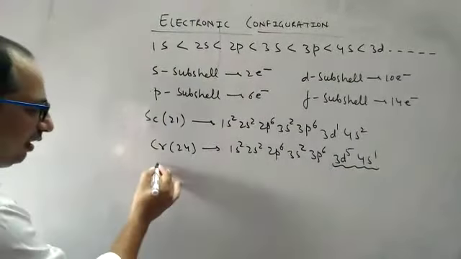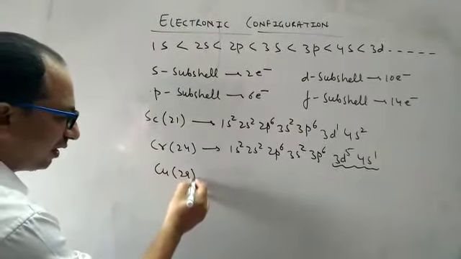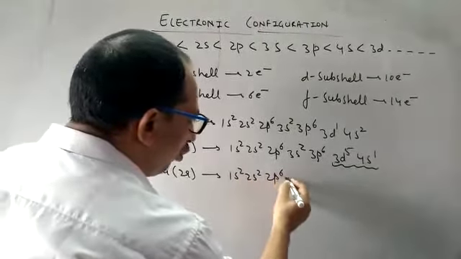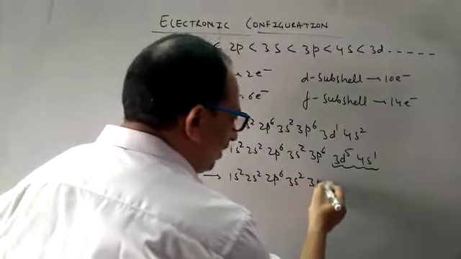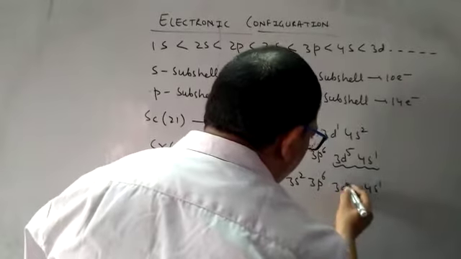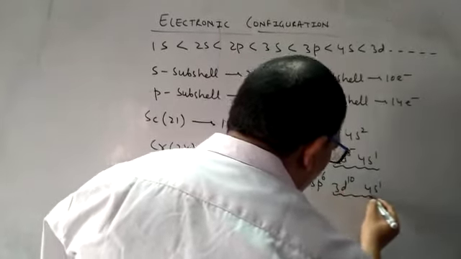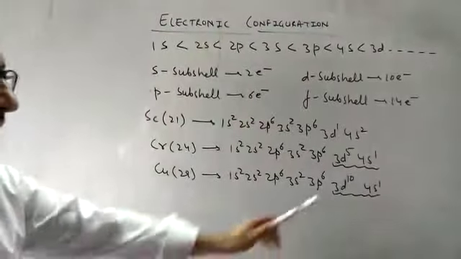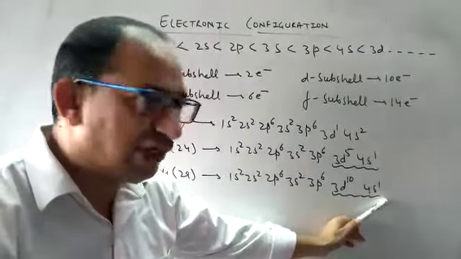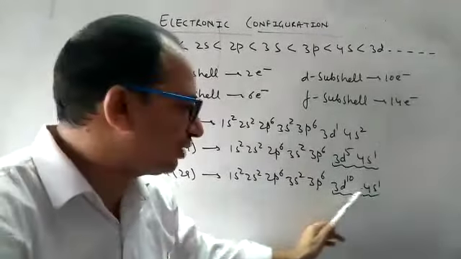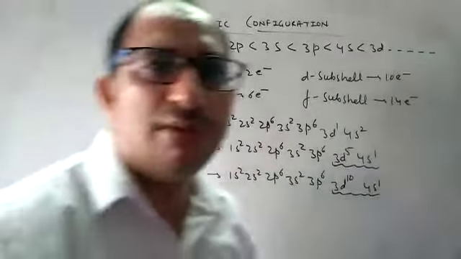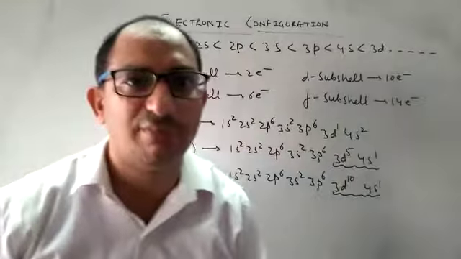Then similarly we say copper, atomic number 29: 1s2 2s2 2p6 3s2 3p6. Again exceptional behavior, 4s1 3d10. Again it shows exceptional behavior and does not follow the Aufbau principle. So these two elements, chromium and copper, show exceptional behavior.